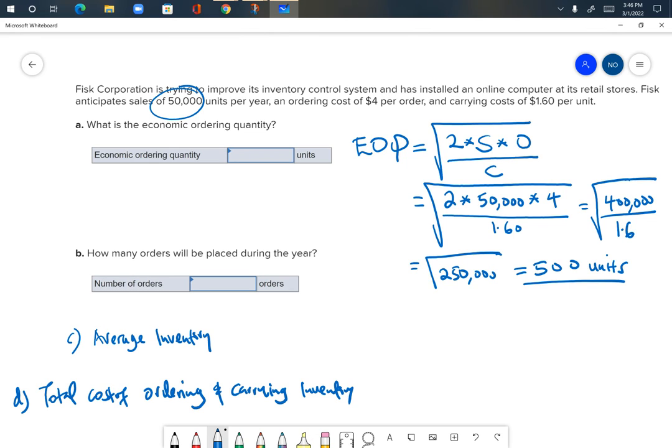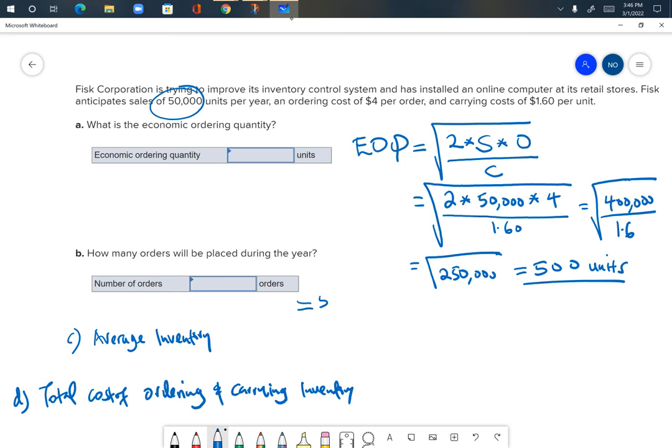Then of course, with this information, we should be able to move through question B, question C, and so on. Question B is asking for the number of orders. If you'll be ordering 500 units every time you place an order, then to sell 50,000 units, how many orders do you have to place?